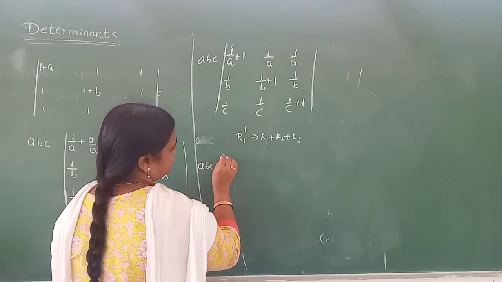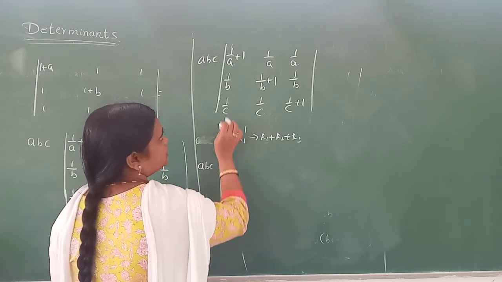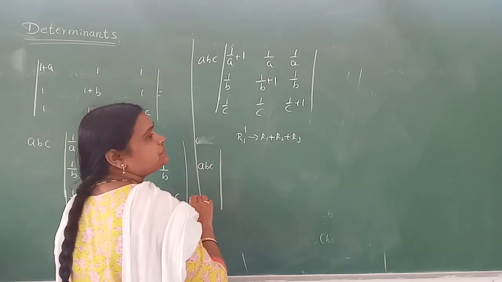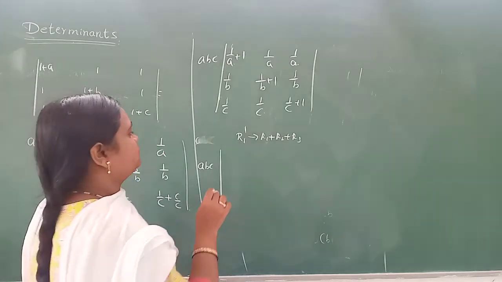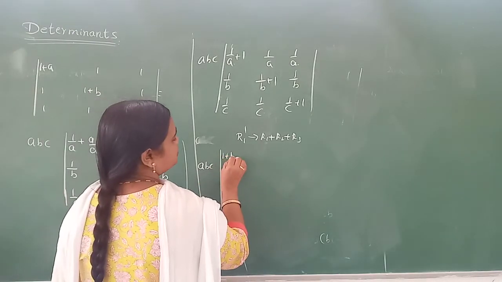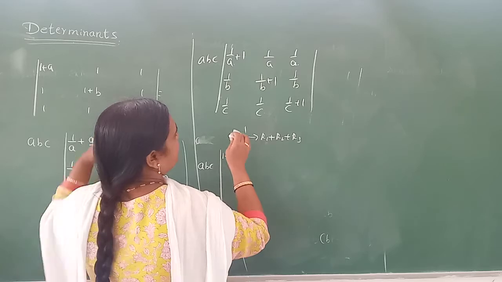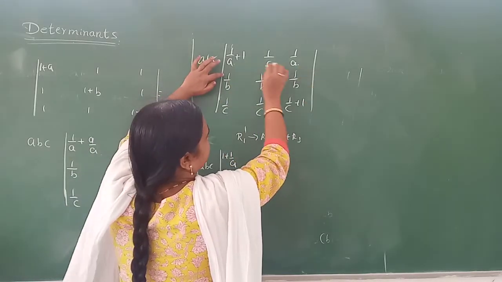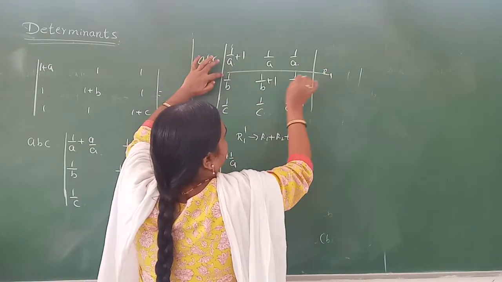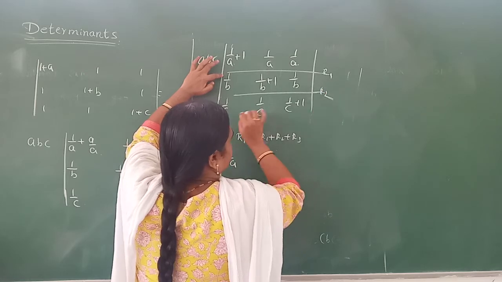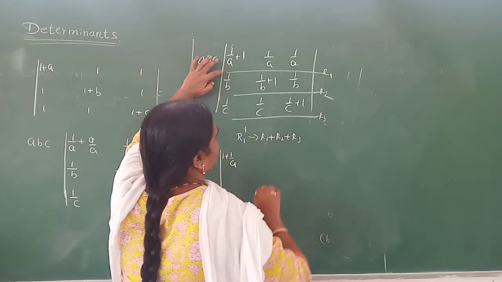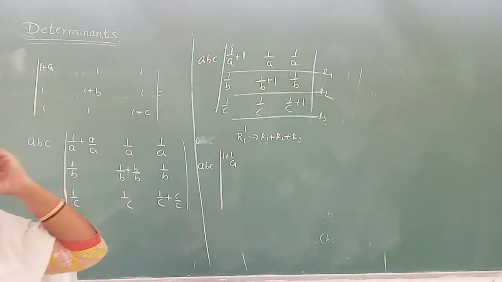A, B, C we will take outside. R1 changes. Which one changes here? R1 changes. We write 1 plus 1 by A, rewrite. Add this: this is R1, this is R2, and this is R3. First row, second row, third.